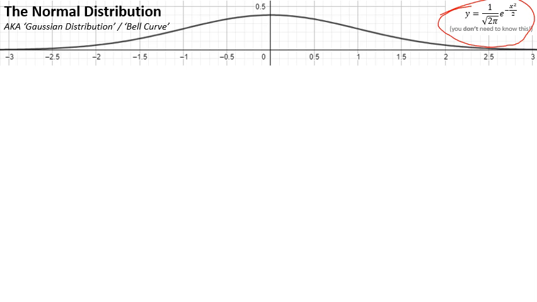The other really interesting thing about this, and the reason it's been scaled down in the way that it has, stretched by scale factor 1 over root 2 pi in the y direction, if you like, is that this graph now has an area of 1 underneath it. Even though technically the curve goes on forever in both directions, it gets so close to the x-axis so quickly that just like with a geometric series that has a small enough common ratio, you can calculate the total area of this shape, which is technically of infinite width.